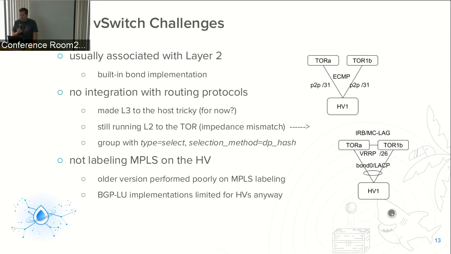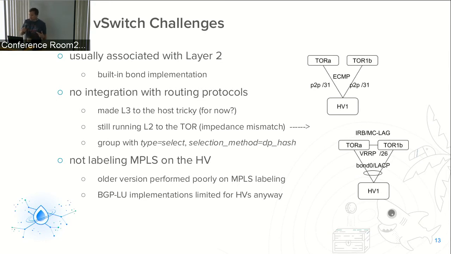And the problem that I ran into was when you hit failure modes, you really need feedback from the routing protocol to decide what to do with your two links. It isn't just about whether the link up to the ToR is still active or not.